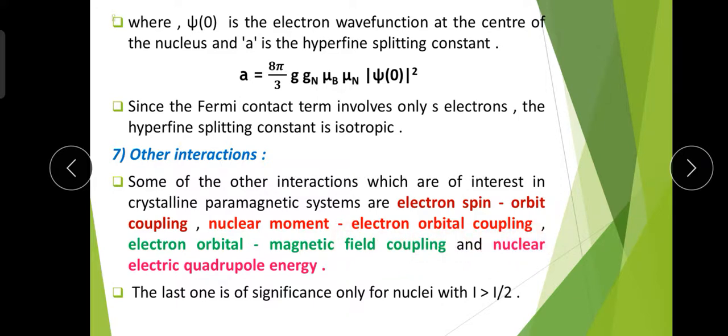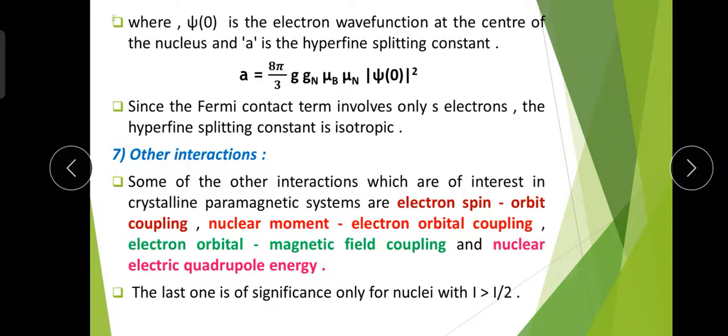The electron present in a particular orbital couples with the nuclear moment, and this coupling also gives a different kind of energy which contributes to our Hamiltonian. Next is the electron orbital magnetic field coupling. If we apply an external magnetic field and there is an electron orbital, the coupling between these two also gives a different kind of energy.